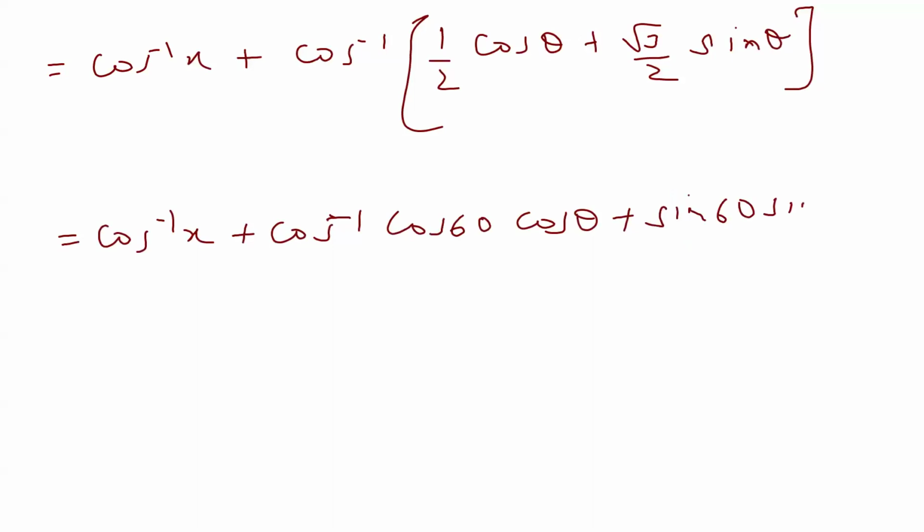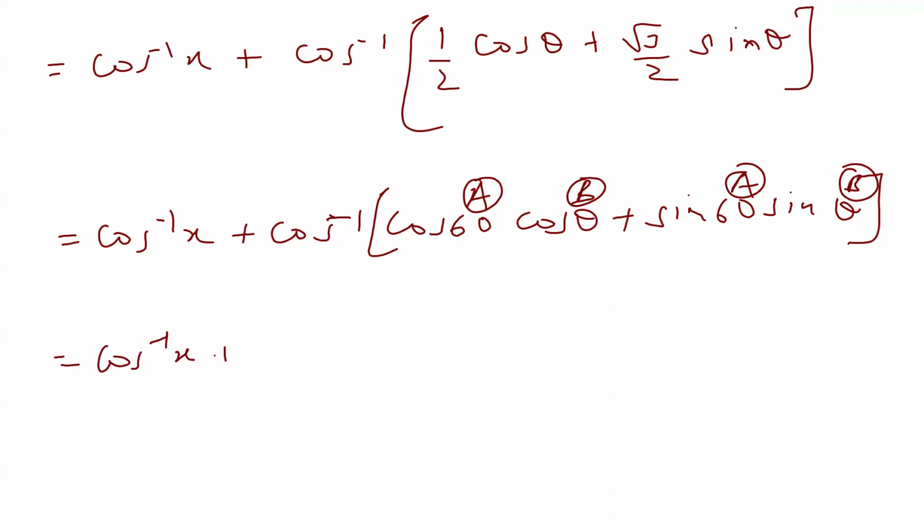Now understand the pattern: A, B, A, B. So this is cos A cos B plus sin A sin B, so that is cos of A minus B.